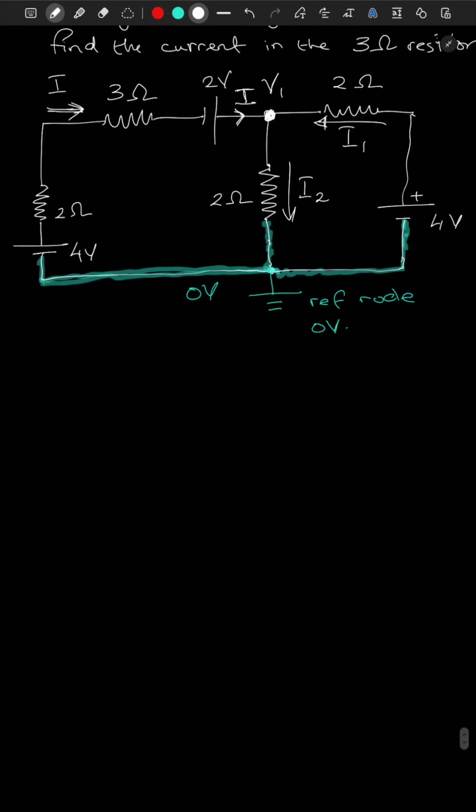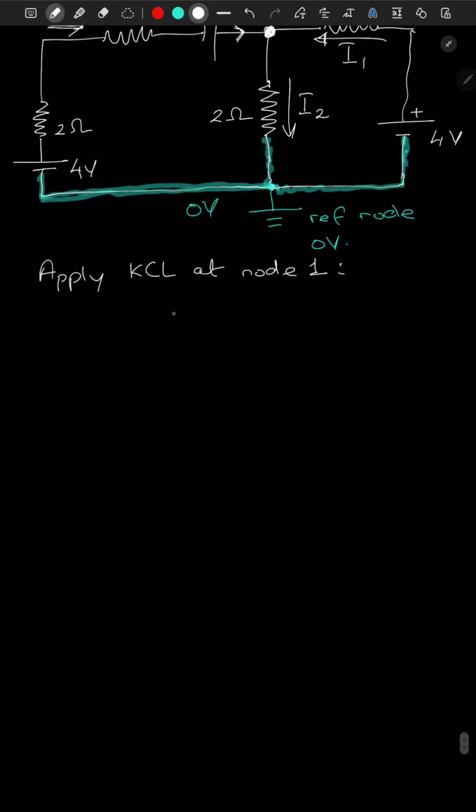So now let's apply KCL at node 1. At node 1, the potential is V1. If we apply the current law, the sum of current in is equal to the sum of current out.